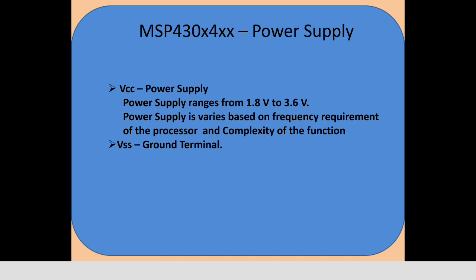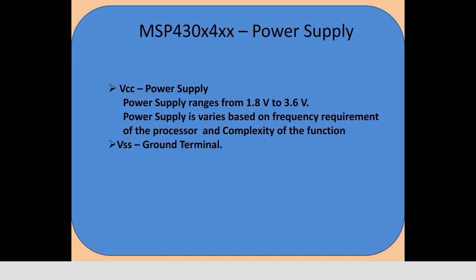If the microcontroller performs highly complex functions, then the power requirement is greater than 3.3 volts. If it does not use the flash memory, then it operates with a voltage less than 2.2 volts. That means the power requirement changes with respect to the frequency and the complexity of the function. And VSS is the ground terminal.